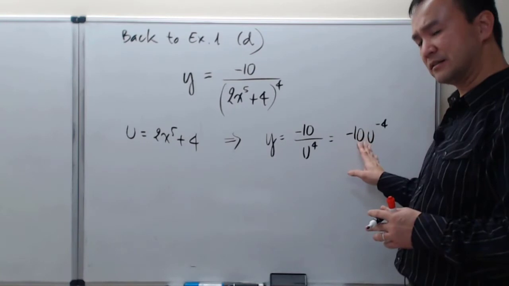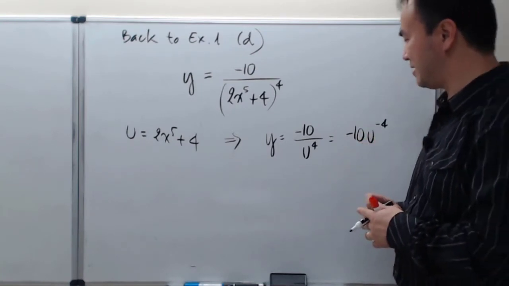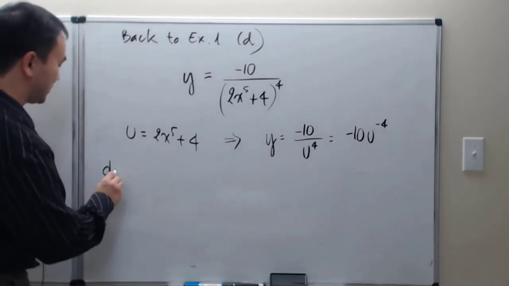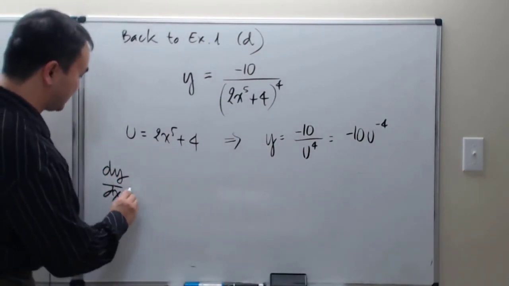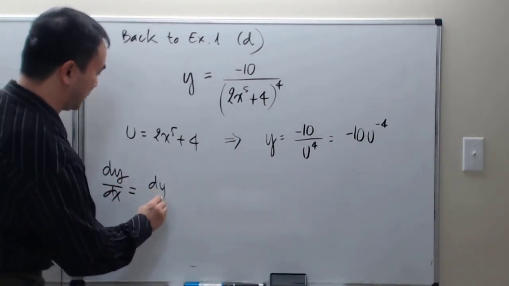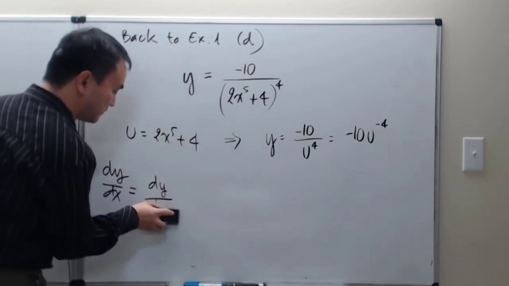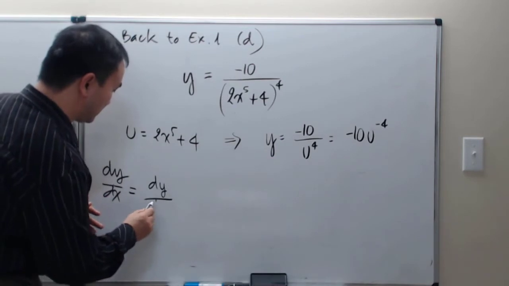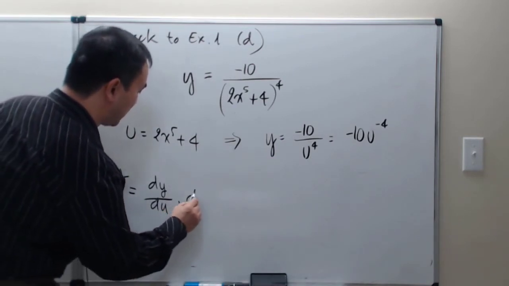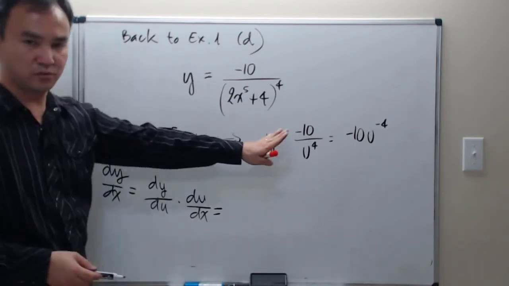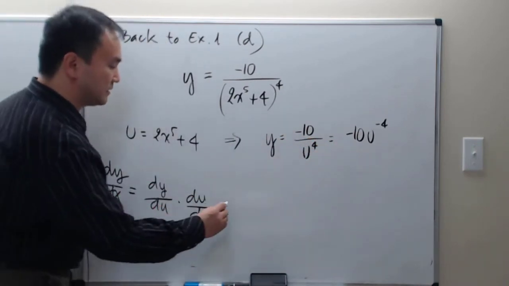And so, in that way, when I took the derivative, dy dx, I need dy du multiplied with du dx. And think about this. The dy du was quite easy to get.